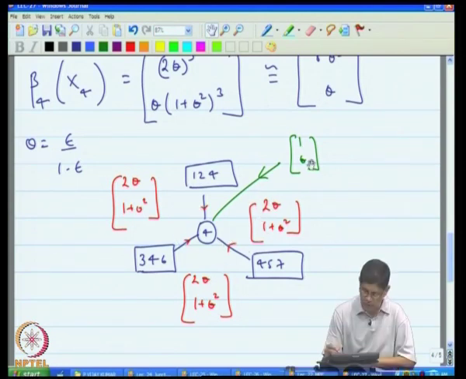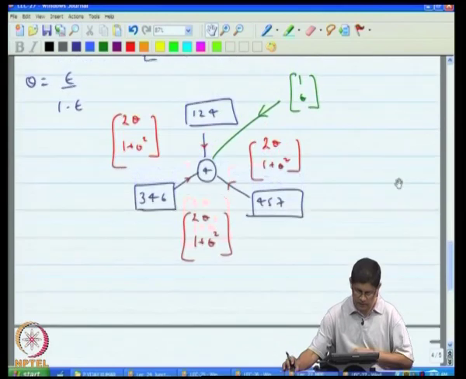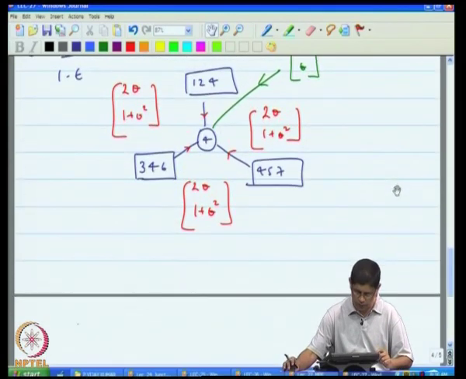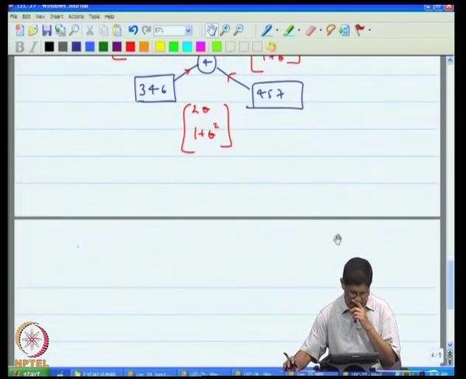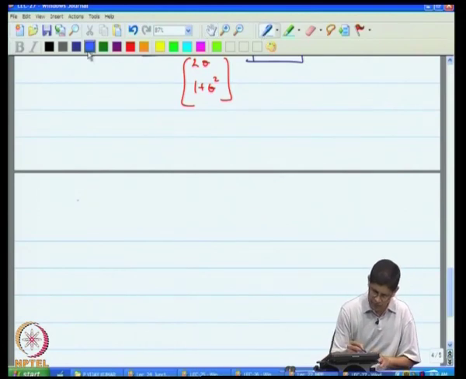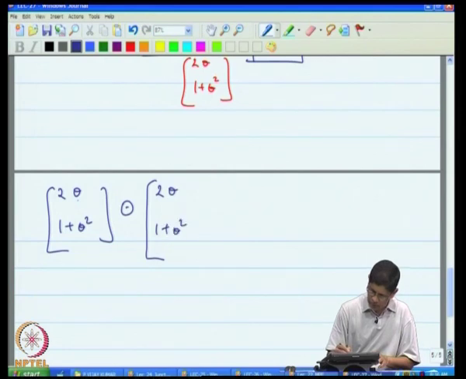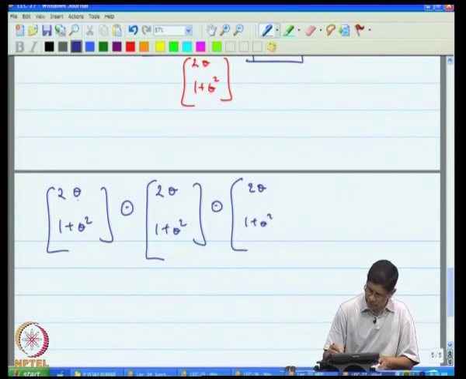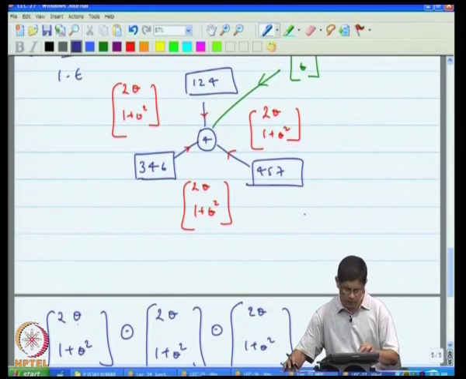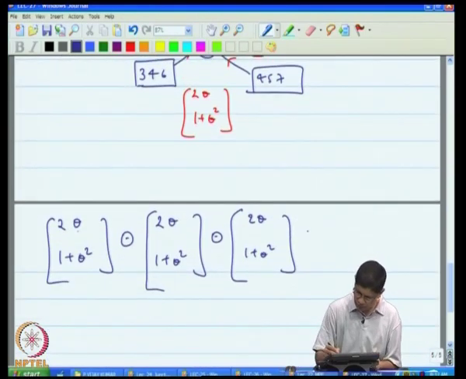You multiply these together, and the local kernel is this. So you could also view this computation as (2, theta) Schur product (1 plus theta squared) component by component, and then finally you have the local kernel, which is (1, theta). So you also put that in.